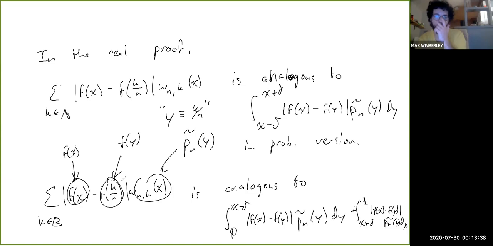So basically, the structure of the proof as they lay it out is very similar to what I've described, both in the probability form and in what I just talked about in this video.